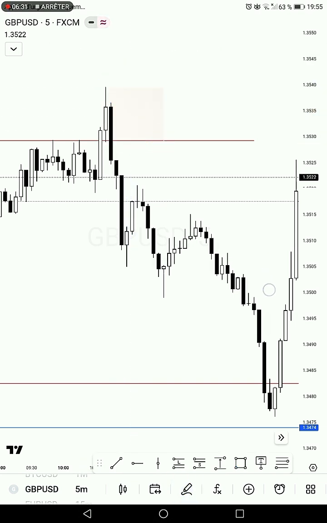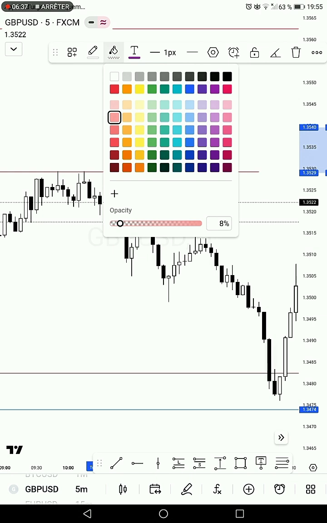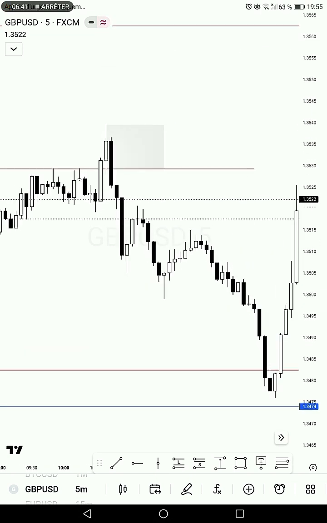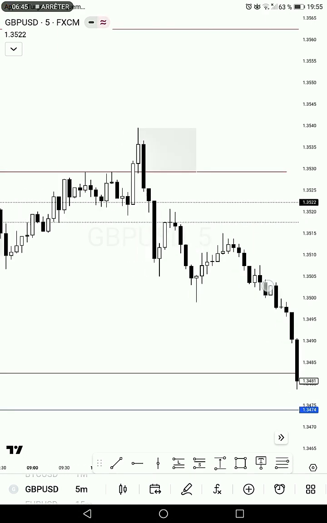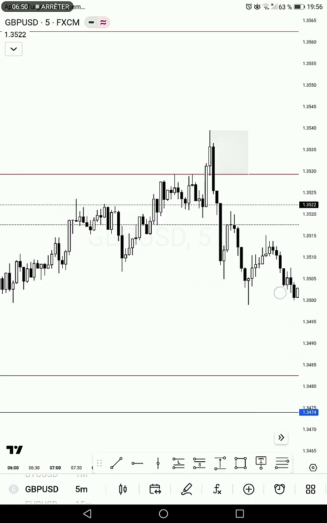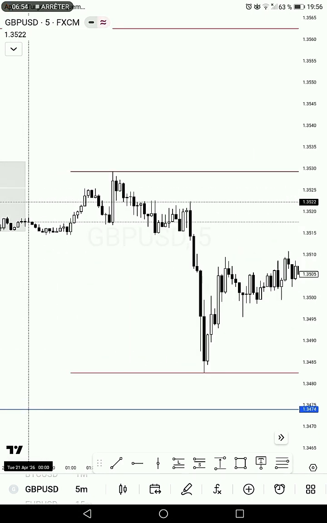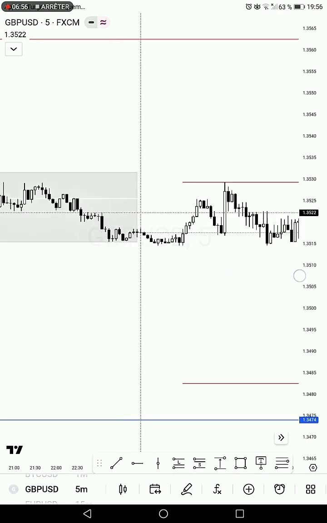I choose this as my order block because, one, it swept liquidity, and not just liquidity, it also swept a key time high, which is 1 a.m. high, and also Asian range.